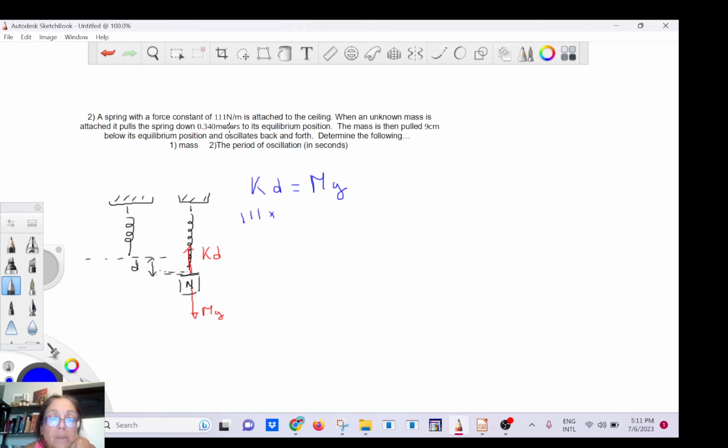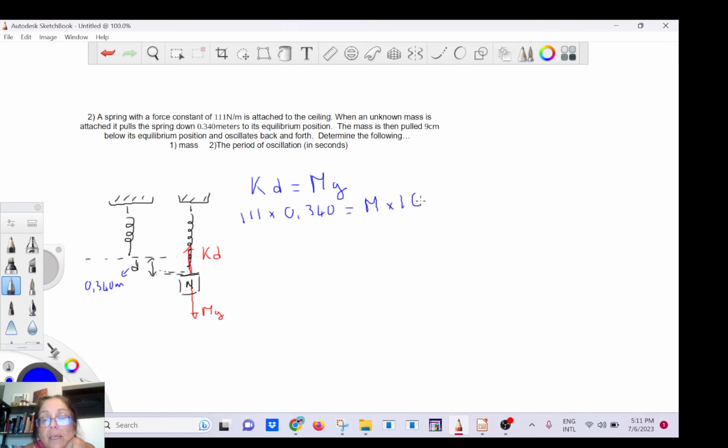The small displacement here is 0.340 meters or 34 centimeters. So k times 0.340 equals the mass times g.